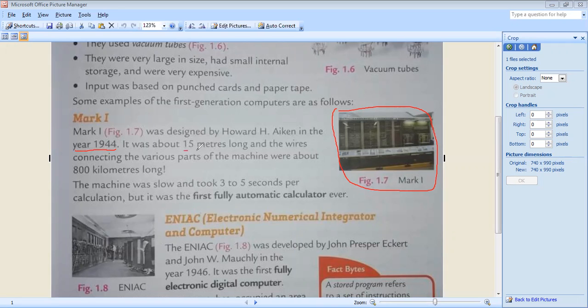It was about 15 meters long and the wires connecting the various parts of the machine were about 800 kilometers long. The machine was slow and took 3 to 5 seconds per calculation. But it was the first fully automatic calculator ever.